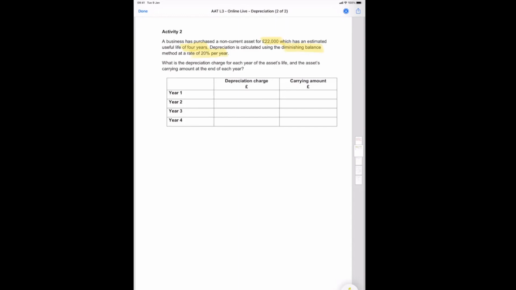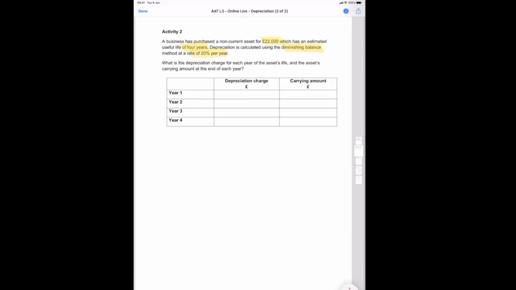Using this method, the depreciation charge is going to be a different amount each year. It will start higher in the earlier years and then gradually get lower within the later years. Okay, so let's have a look at how we calculate this. Firstly, we need to calculate our year one depreciation charge. We're told that depreciation is calculated at a rate of 20% per year.